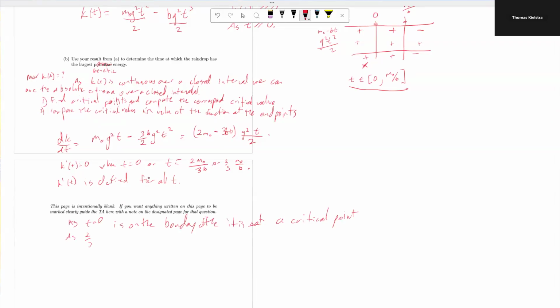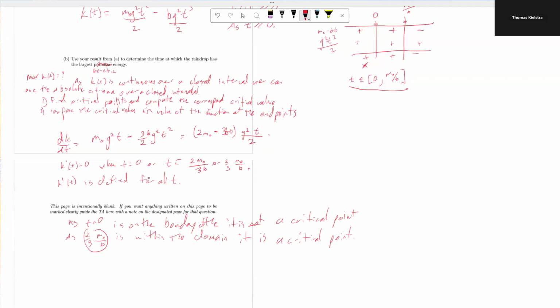As 2 over 3 m naught over b is within the domain, it is a critical point. Right? So we have a critical point at 2/3 m naught over b.